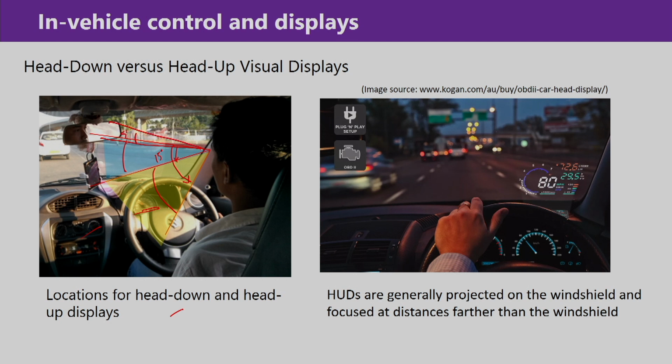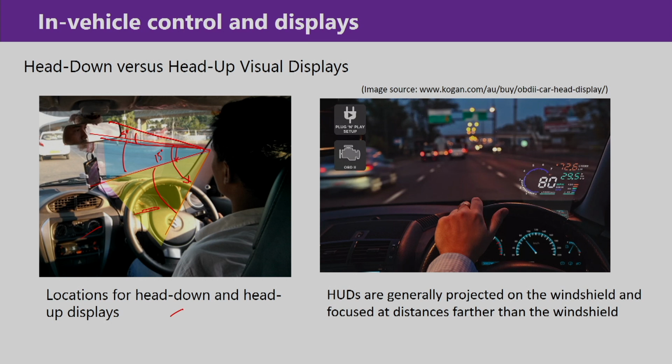So, not only 15 degrees down, but at the same time 5 degrees upward. This zone is used for the head up display, and head up displays are generally electronic displays. While drivers are looking at the head up display, there is no requirement of eye movement or head movement. While they are looking at the road scene, they can just change their eye accommodation or focusing on the image projected as the head up display.